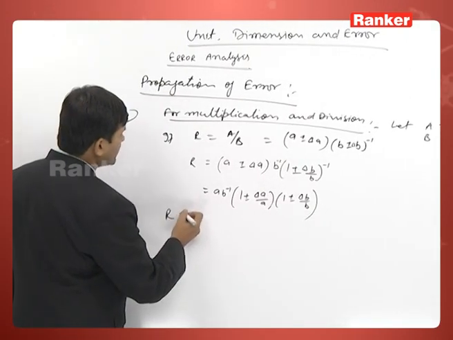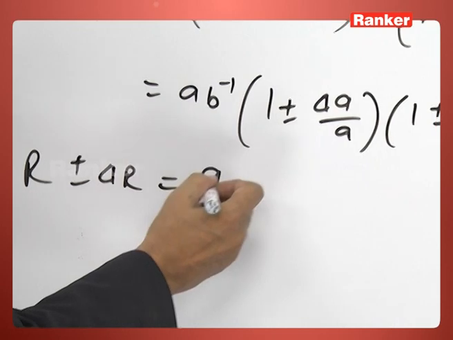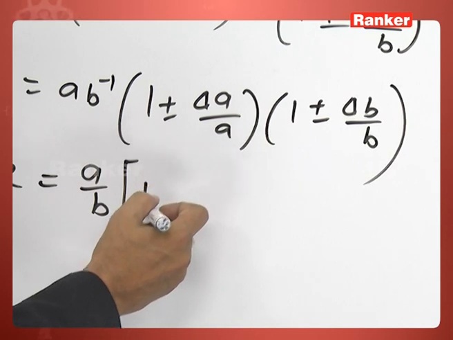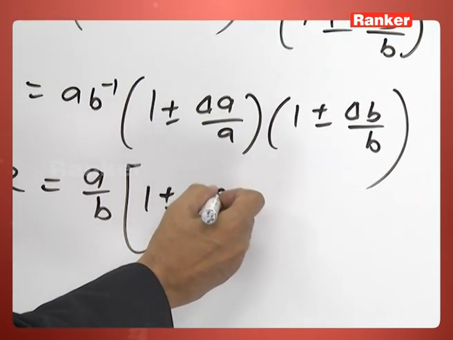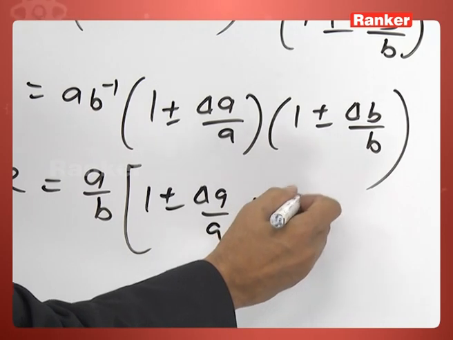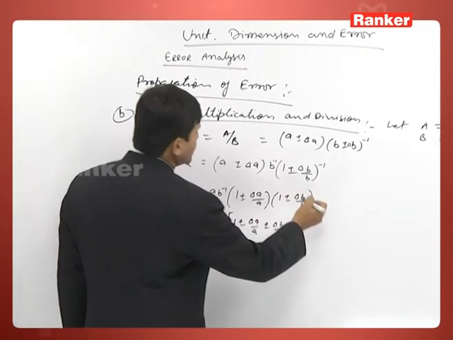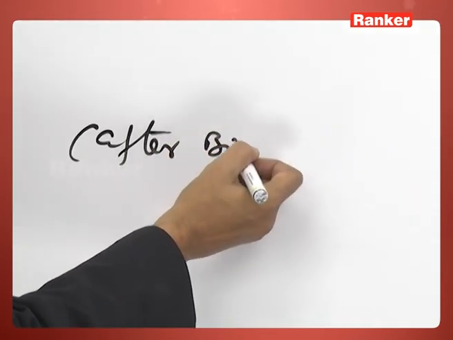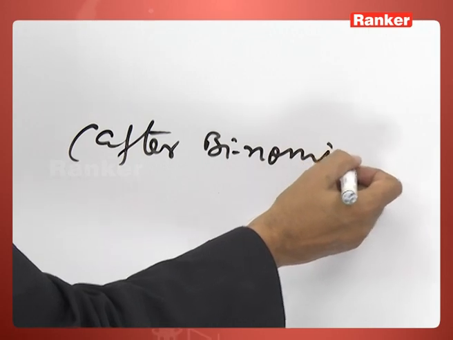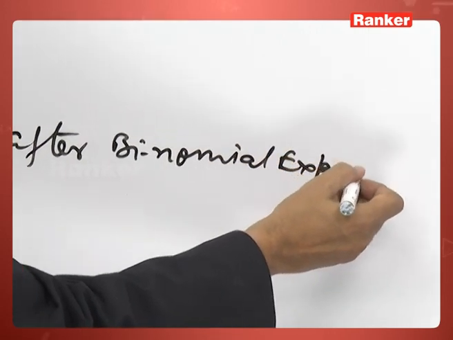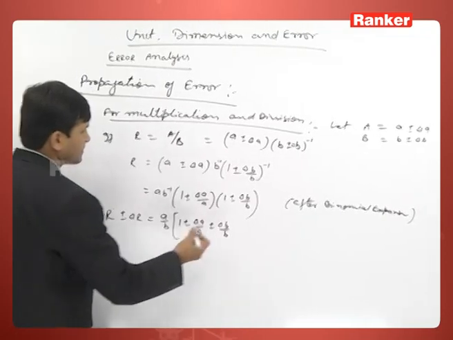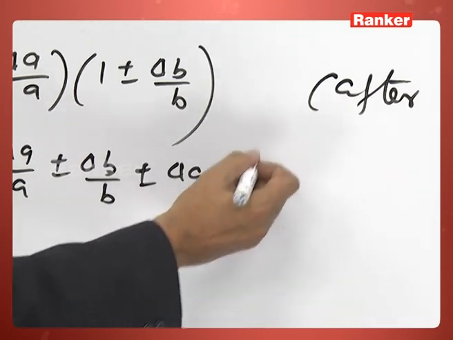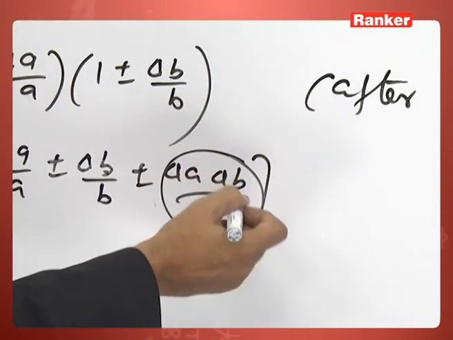So, R plus minus delta R is A by B, and when we multiply this, 1 plus minus delta A by A plus minus delta B by B after binomial expansion, and then plus minus delta A delta B by AB. This term we can neglect.